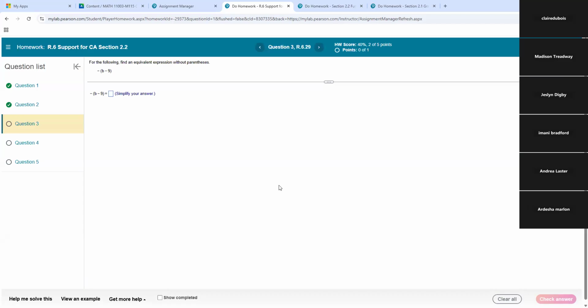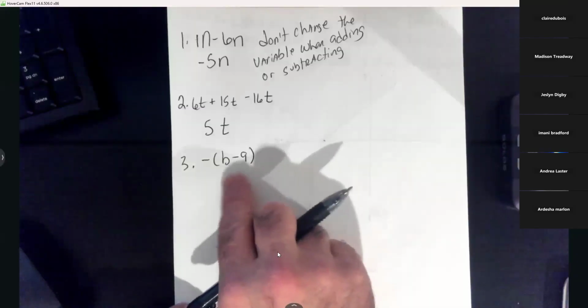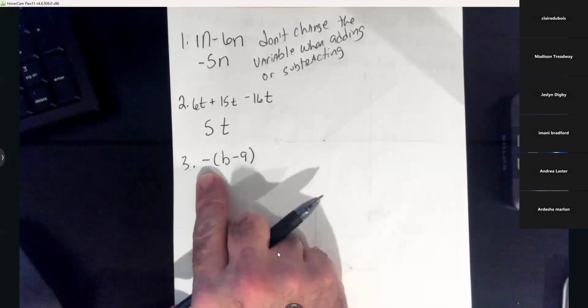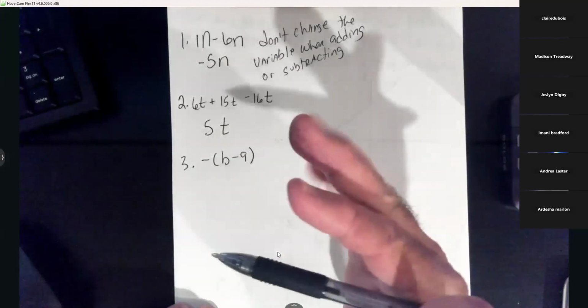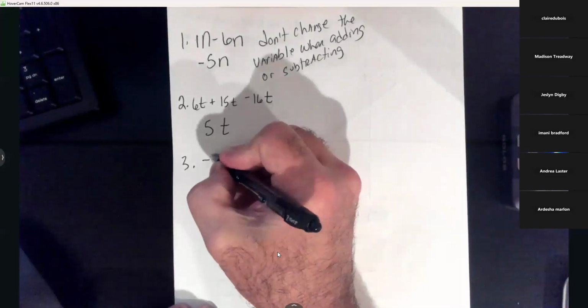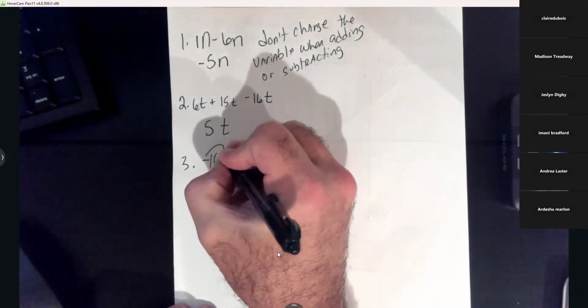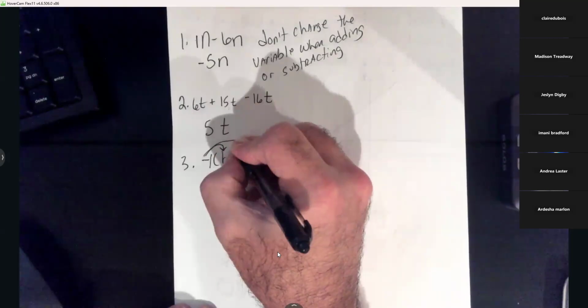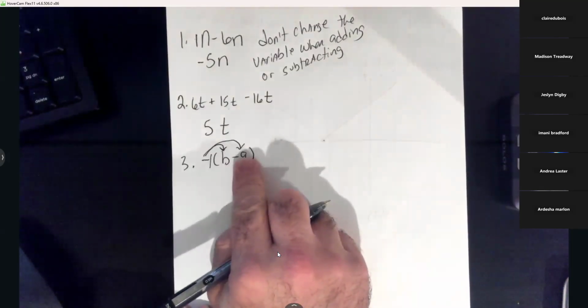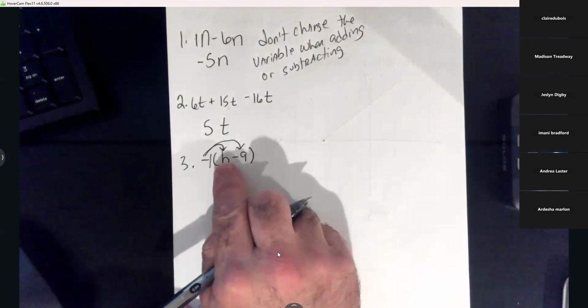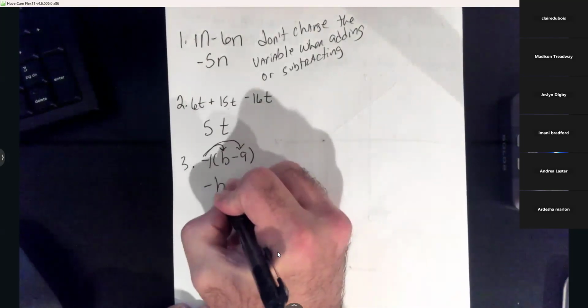All right, this one has a negative and then a b minus 9 in parentheses. So let me explain what they got going here. This is getting you ready for the distributive property. And once again, since that negative doesn't have a number by it, you would almost treat that like a -1 there, okay? But what you do is you're going to multiply everything inside the parentheses by that -1. So I'm going to get -1 times b, which is a -b.